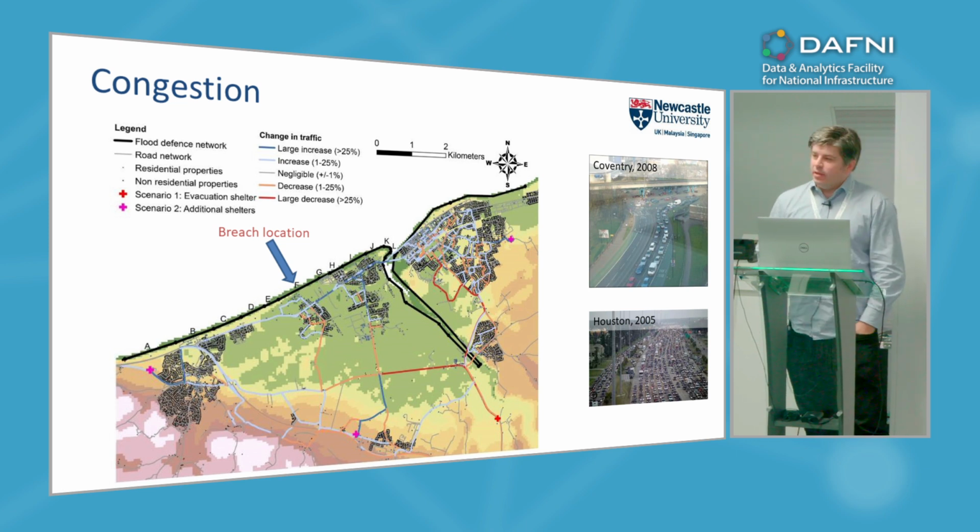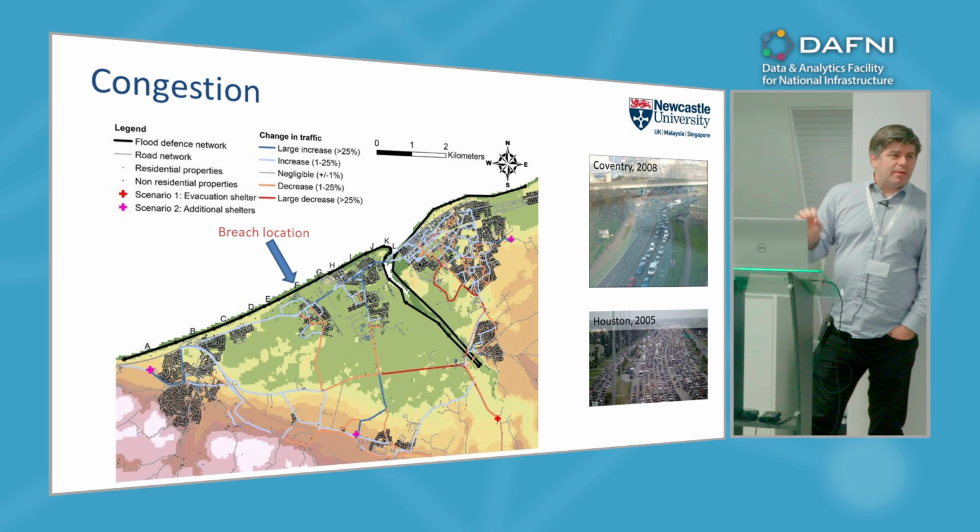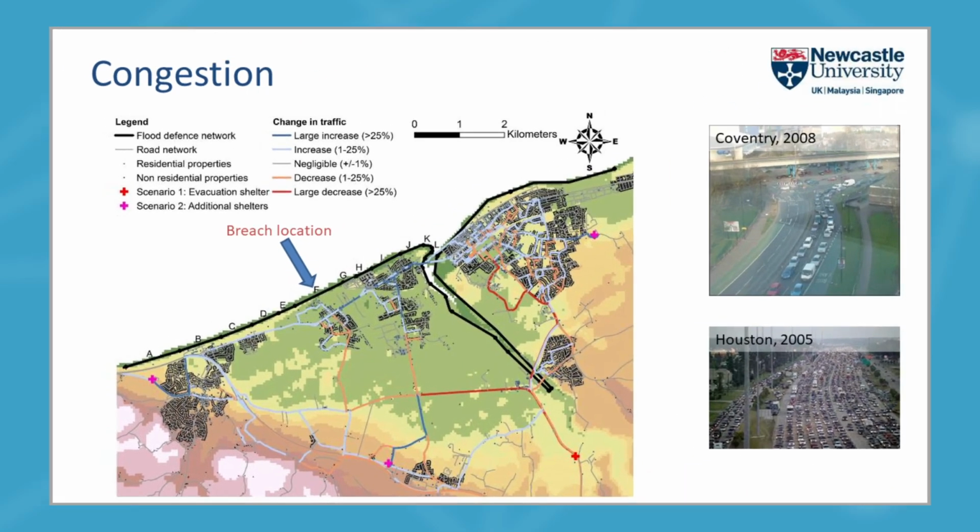We're not so good at this in the UK yet. But by being able to identify where some of those pinch points might be under different scenarios, we can again start to better inform how to evacuate and plan those evacuation strategies during extreme weather.